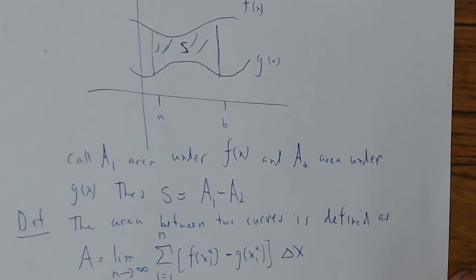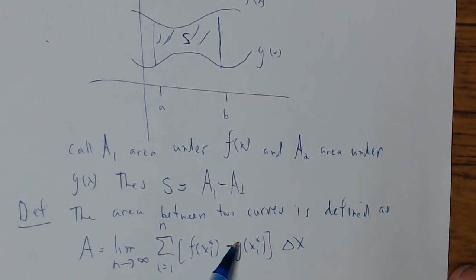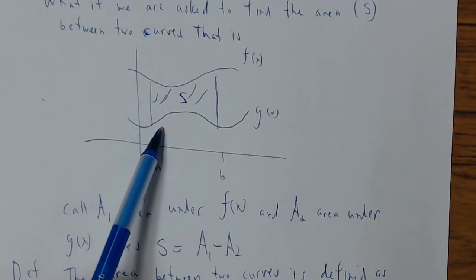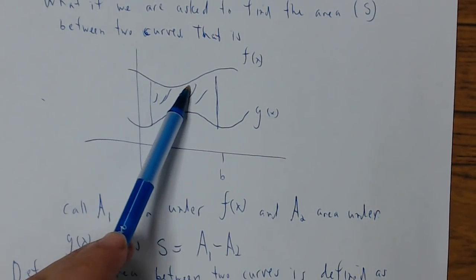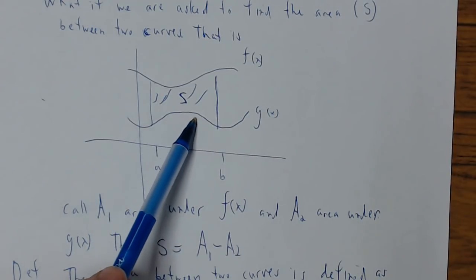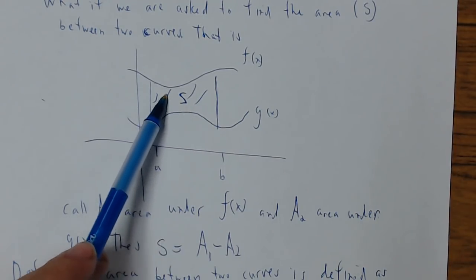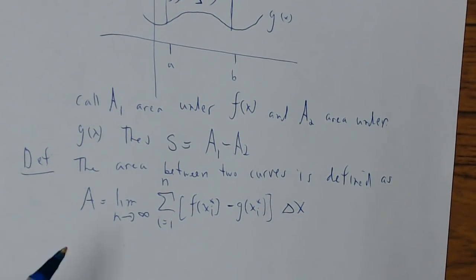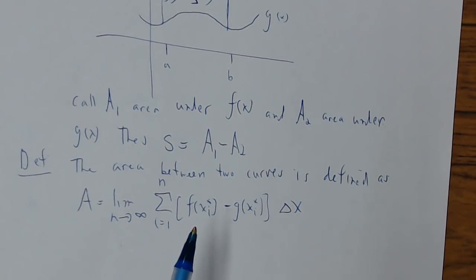So what are we basically saying? The area under the curve of f minus the area under the curve of g. Or in other words, the curve on top minus the curve on the bottom. The area under the curve on top minus the area under the curve on the bottom will give me this area in the middle, which is exactly what it's doing. Unless you tell me to do things the long way, with x sub i star, our sample point and all that good stuff, but we're beyond that at this point.